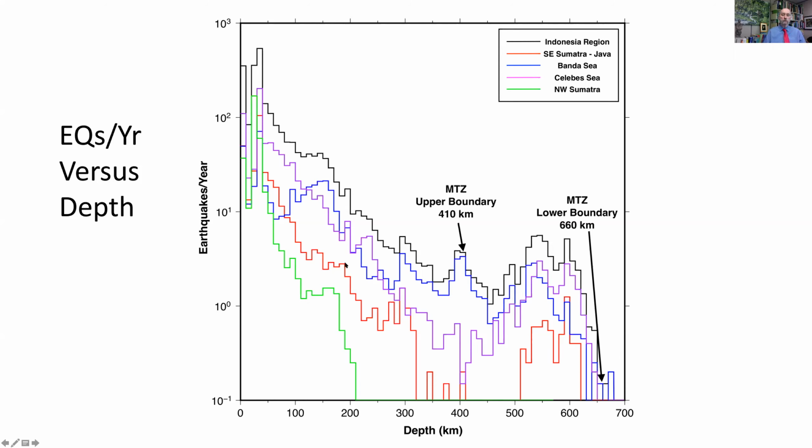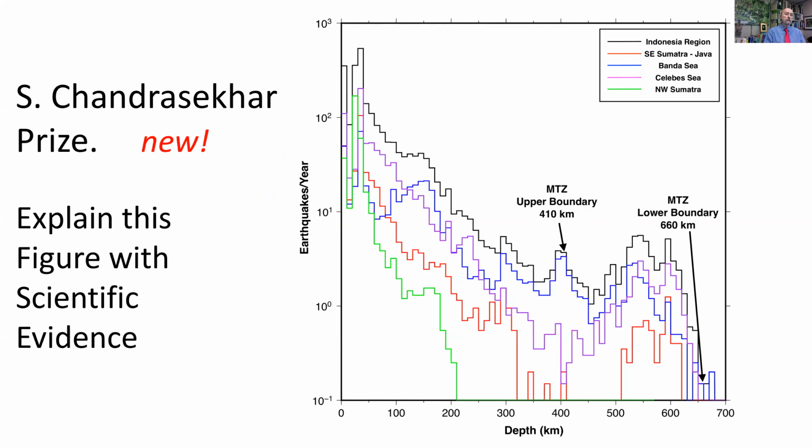In the case of Northwest Sumatra, the earthquakes only go down to 200 kilometers. But for the other regions, they show this very clear pattern of decrease followed by an increase at a depth of about 400, and again, another increase at about 600 kilometers. So here's the Chandra Sanka Prize.